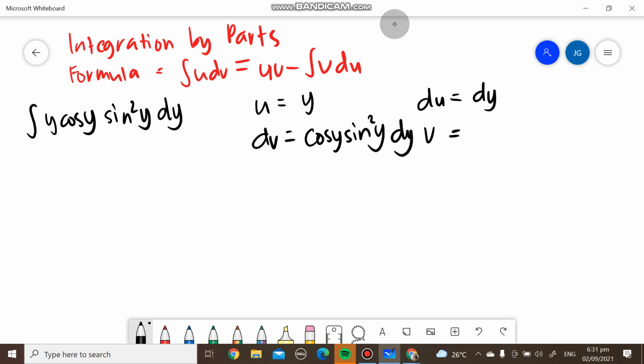And our v value is just the integration of this. So, cosine y sine squared y dy.